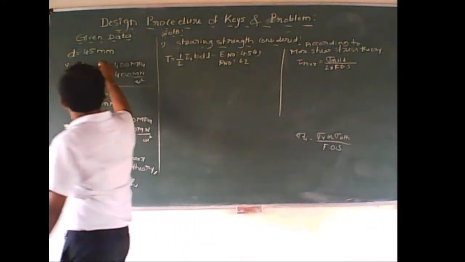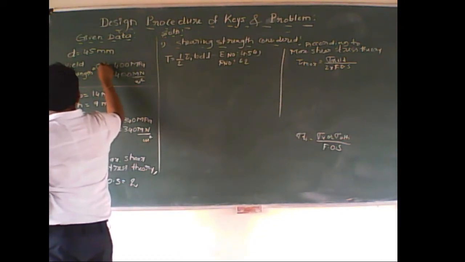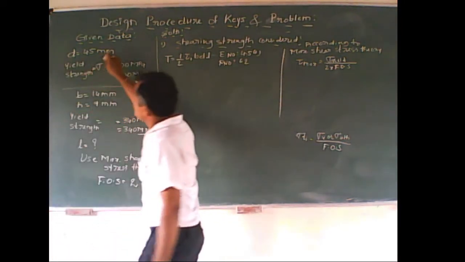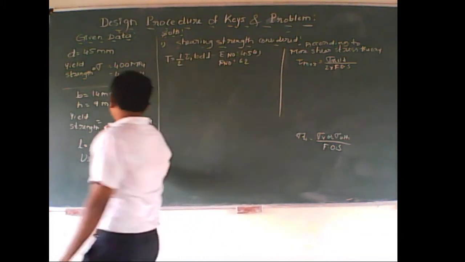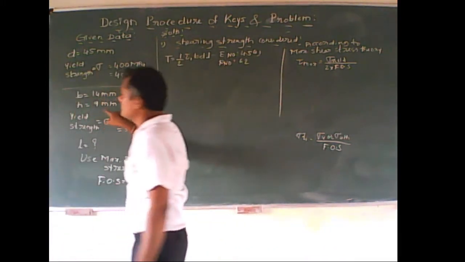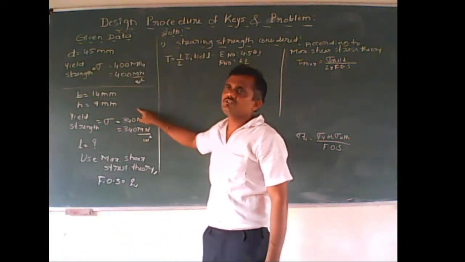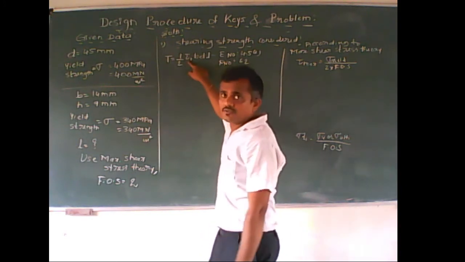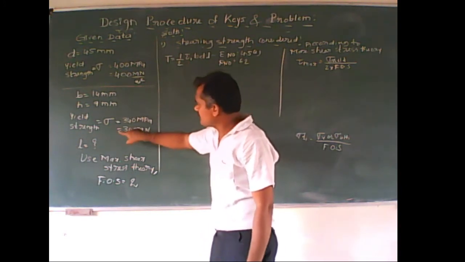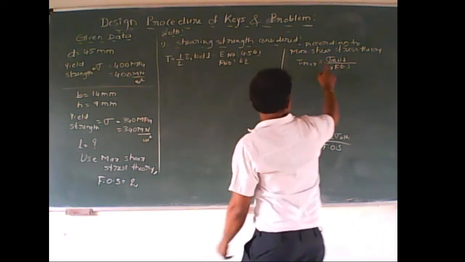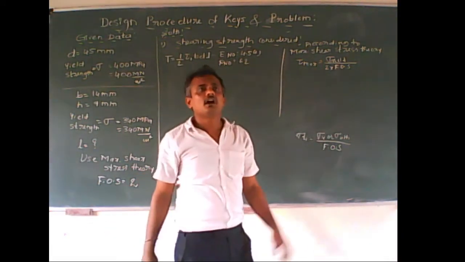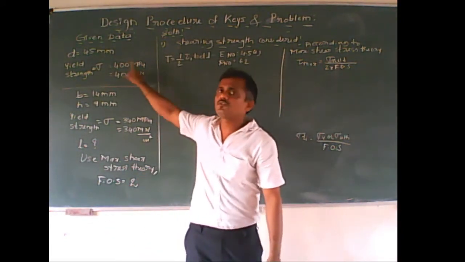Here you can take it as sigma for shaft, and here I can write it as sigma again for key material. So from which we can get tau. Here tau is required, correct? So you can get the tau value with the help of this equation. First I would like to use this 400 MPa.